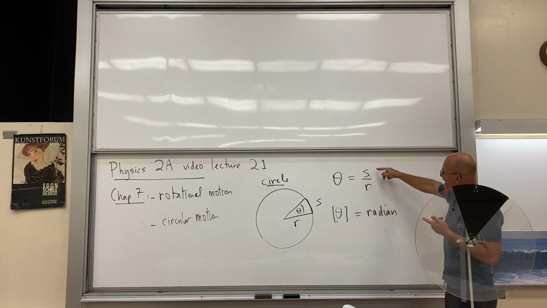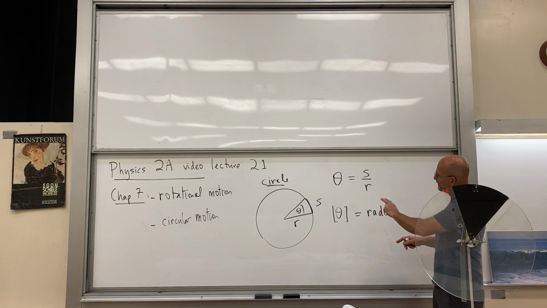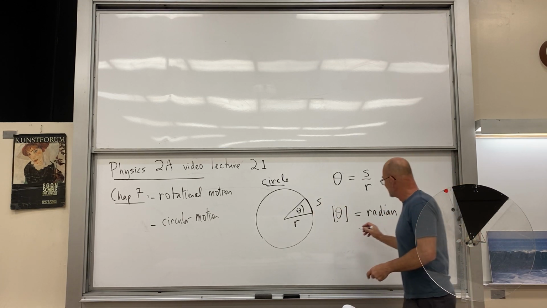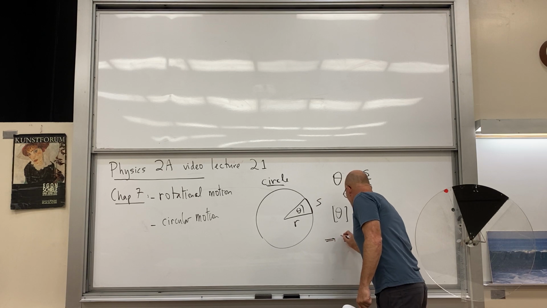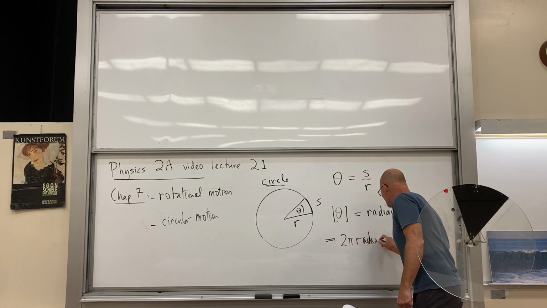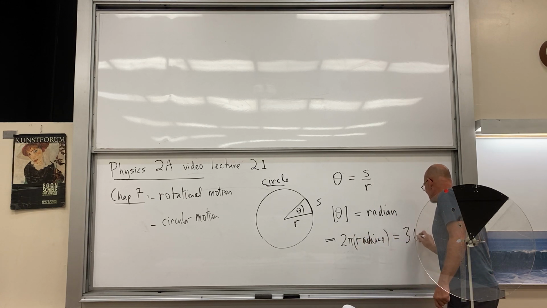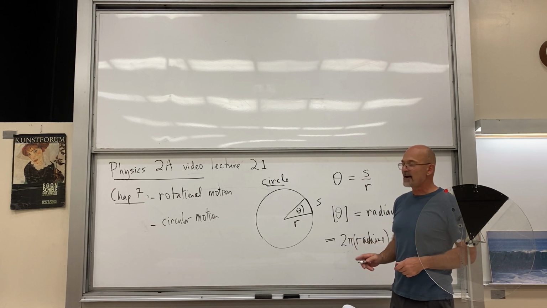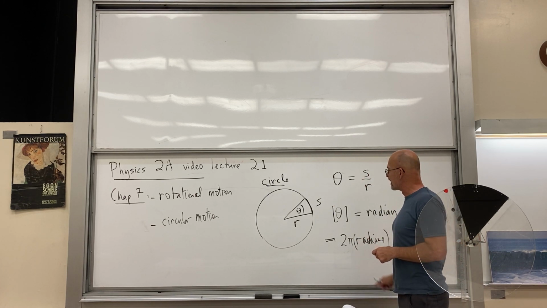It's dimensionless by its definition here, but by its definition off of this circle of radius r, we can immediately see that 2 pi radians equals 360 degrees. So in these next couple of chapters, we'll be using radians often, and we can see the definition right there.